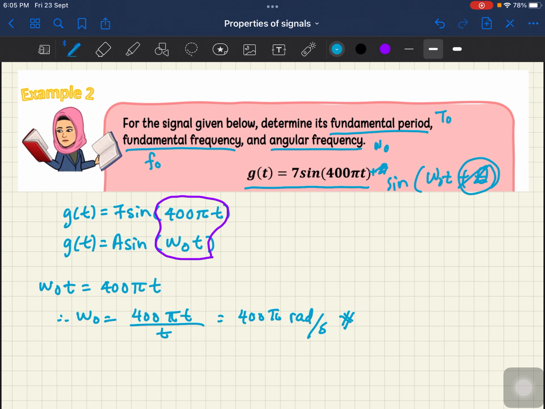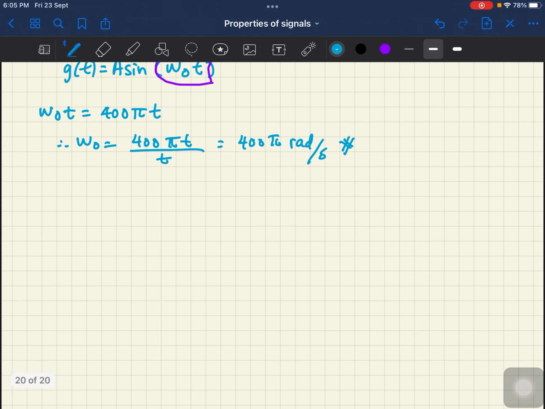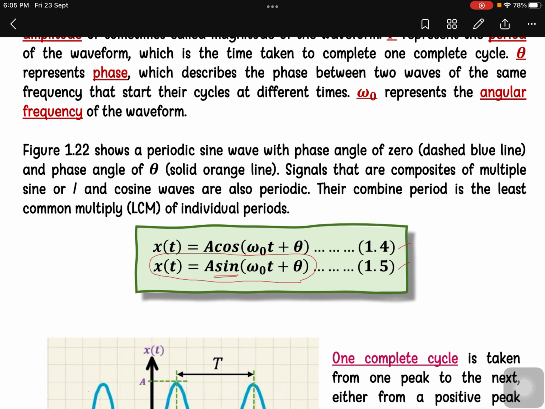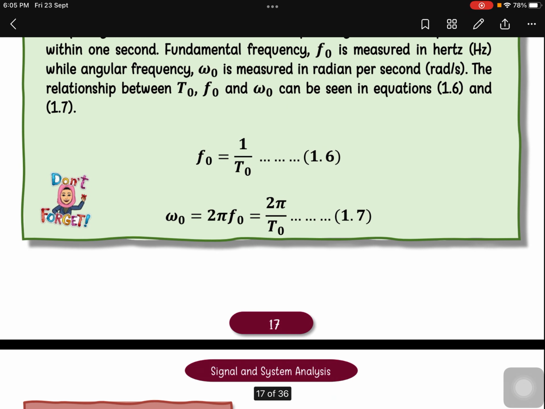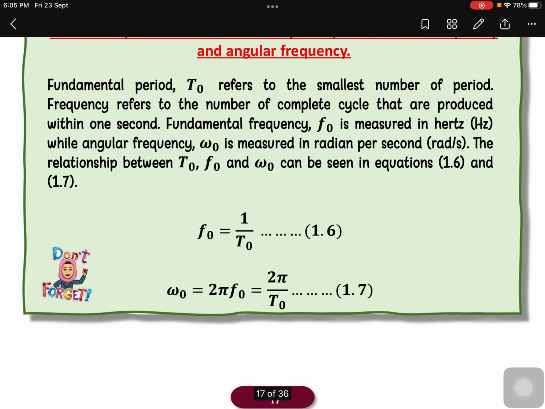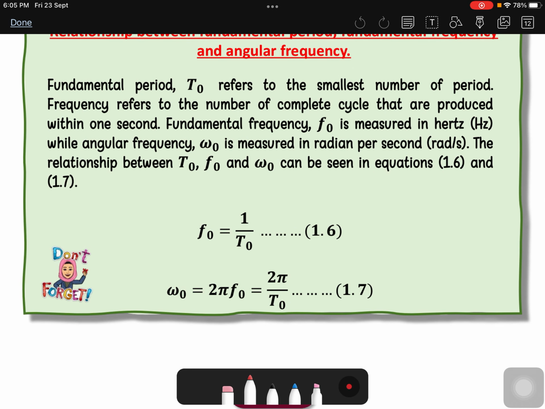Next we want to calculate T naught and F naught, which are the fundamental period and fundamental frequency. Again, we can find the equations from our handout. On page 17, we have two equations, equation 1.6 and 1.7.